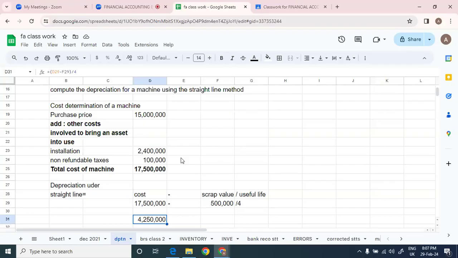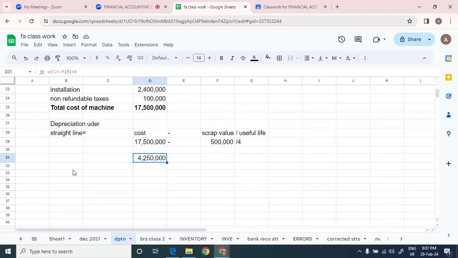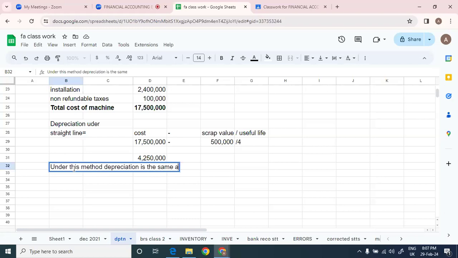Okay. We are going to write here that under this method, depreciation is the same all over the years. We are together?